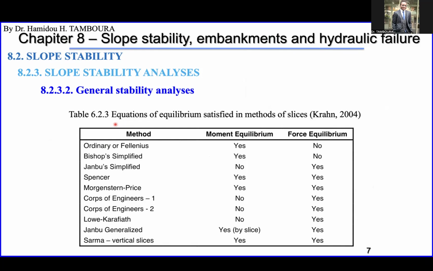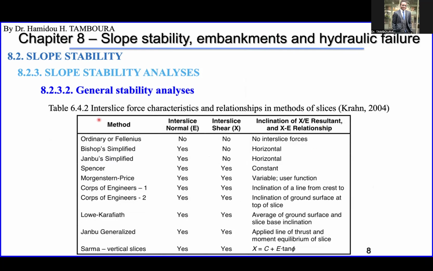This table is showing the equations of equilibrium satisfied in the method of slices. Now, the interslice force characteristics and relationship in the method of slices. So we can see here the method.